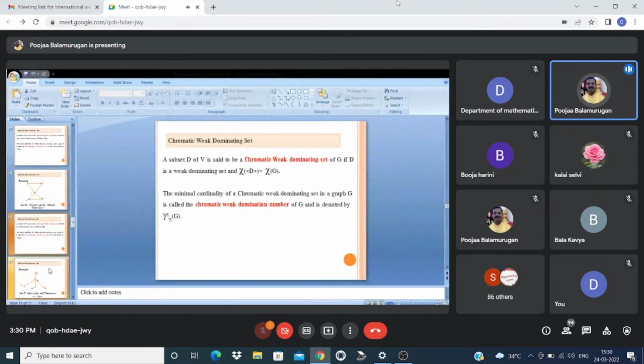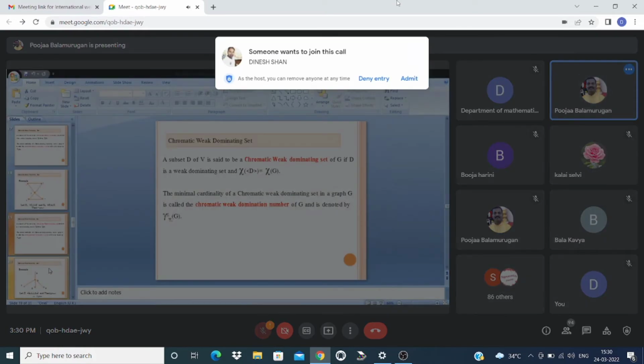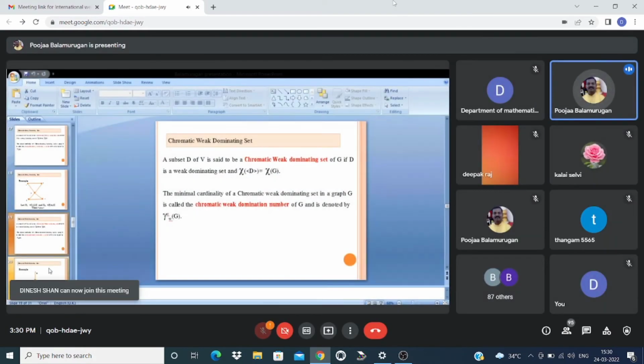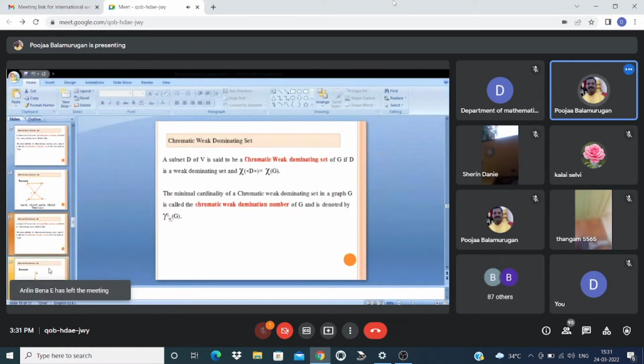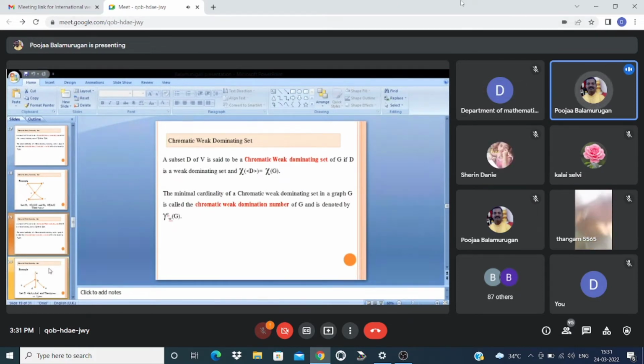Here it is a chromatic weak dominating set. What is a chromatic weak dominating set? After my research, we extended that idea to the chromatic weak dominating set. Myself and one scholar, who now has a doctorate degree, both extended that idea. So this concept was introduced by myself and my scholar.